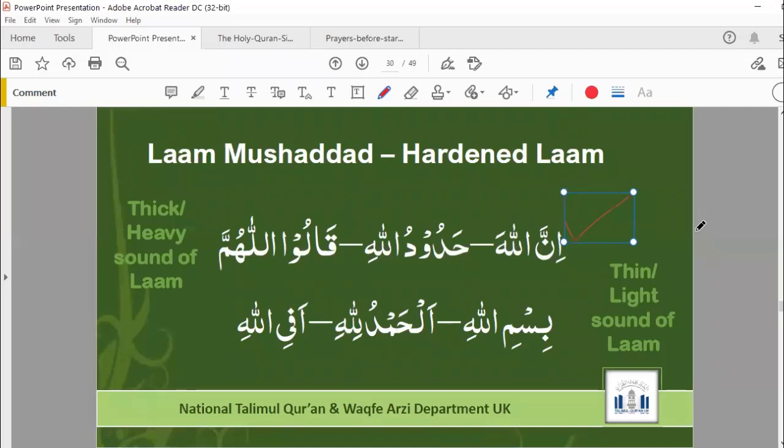This one is the thick one. Inna Allah. If it is preceded by fatha or damma, the lam will be pronounced with a thick sound.